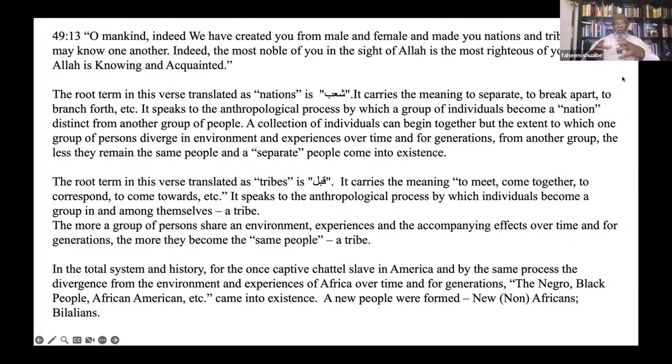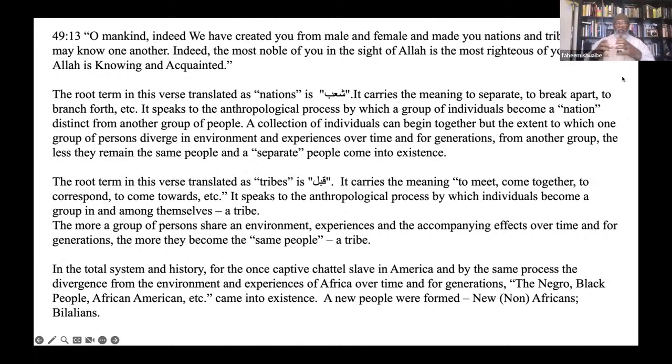So you have one group, they were together, then that group gets separated from that group, right? And the less they remain in touch with each other in environment and experience, then the less they remain the same people.